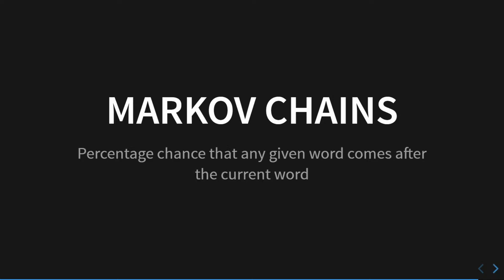A bit more complicated, and a bit less curated also, is the Markov chain. And basically, Markov chains just take in massive streams of text and determine what the frequency of any given combination of words is. So you start with some word, well, let's say it starts with Frank, and then it goes through all the other words that have ever come after Frank in its data set.